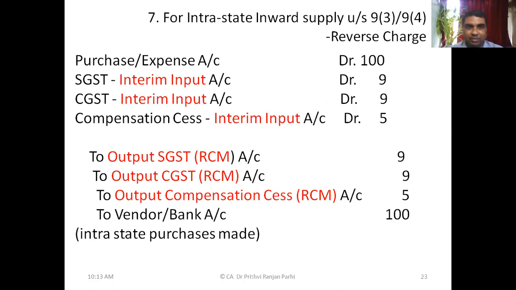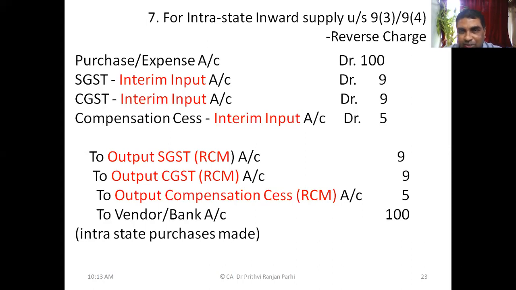We'll start from the first entry. Let us say it is an intrastate, within the state supply. It's an inward supply under reverse charge. When purchases are made, what is the responsibility? GST has to be deposited by the recipient.